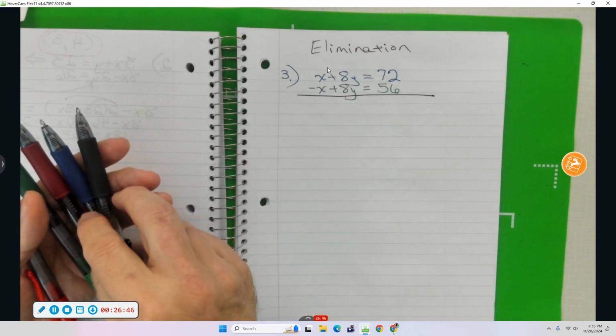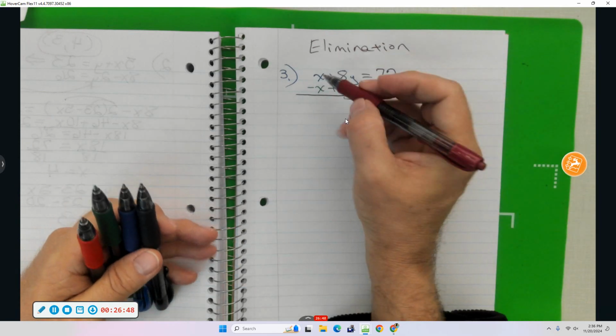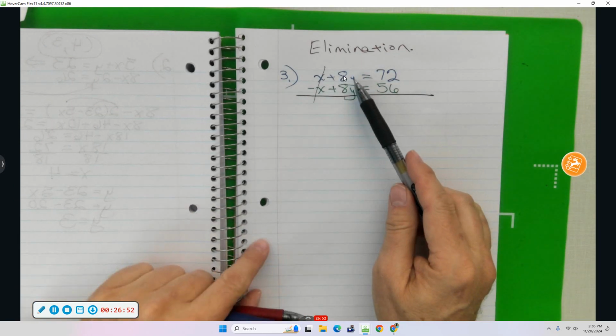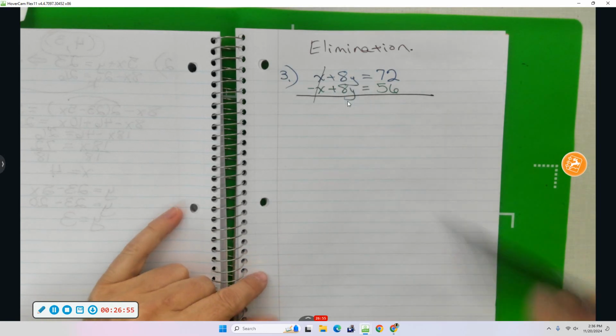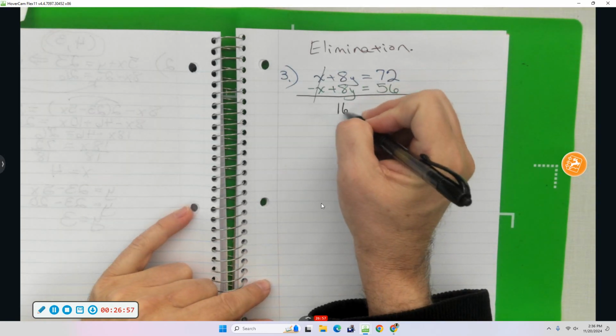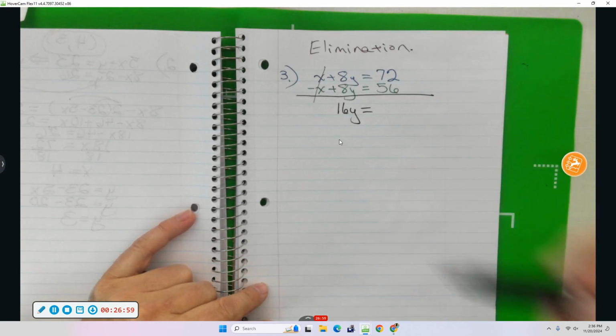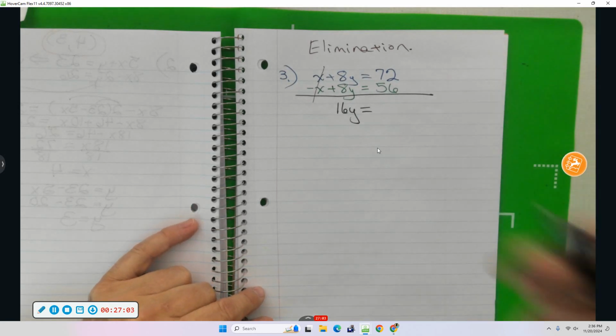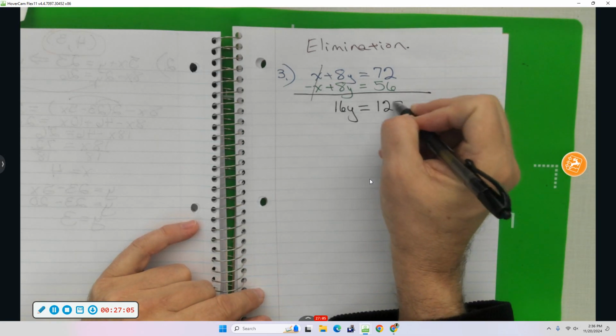We've eliminated the x's. The x's are gone, hence the name elimination. Now, continue adding though. 8y plus 8y, that gives me a 16y. 72 plus 56 gives me a 128.